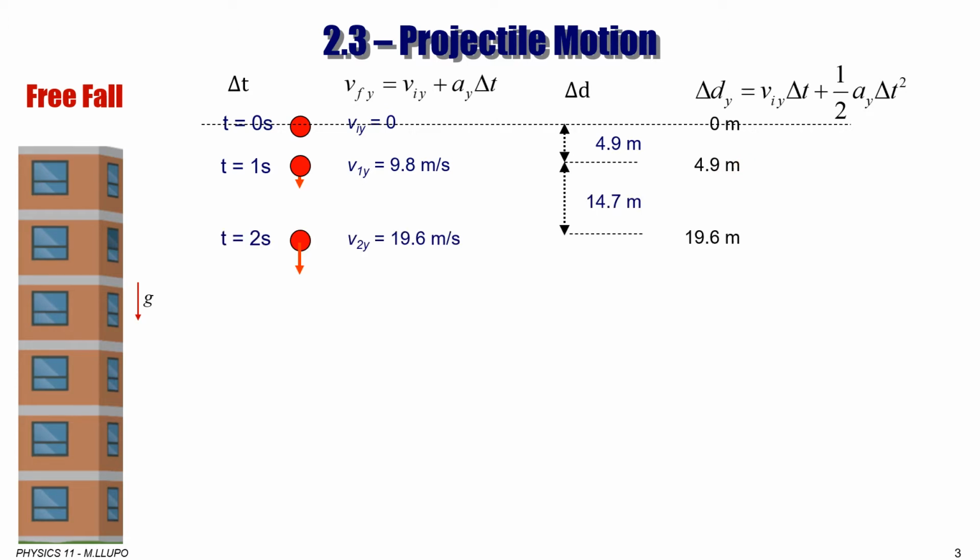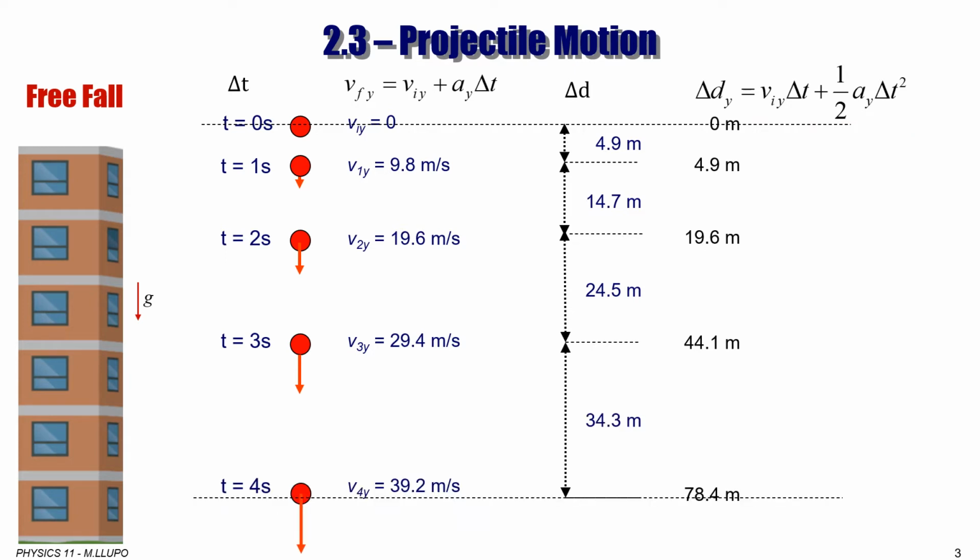Another second is going to be another change in velocity by another 9.8 meters per second down, which will make 19.6 meters per second. And then the displacement is going to be 19.6. And after 3 seconds is going to be another 9.8 increase. And displacement, using that formula for 3 seconds, you can plug that in a calculator if you want to try it, is going to give you 44.1.